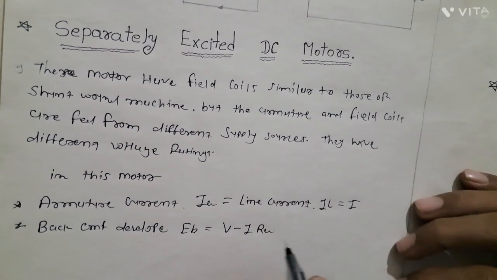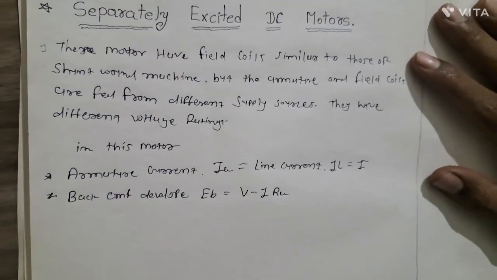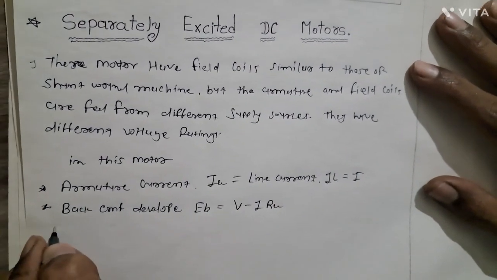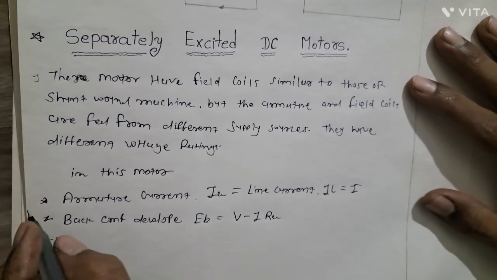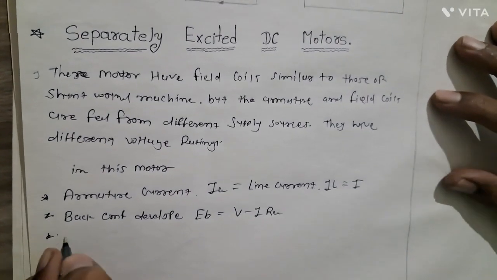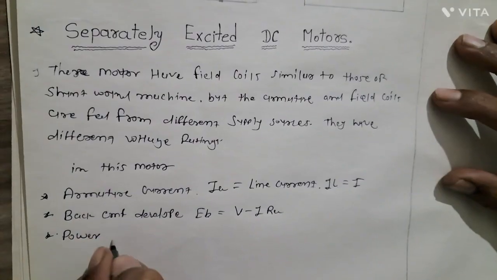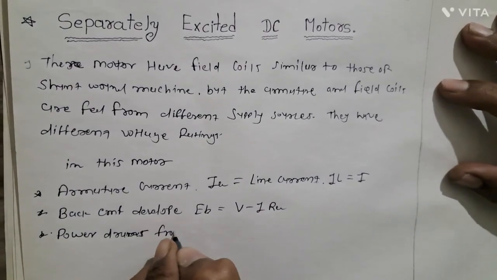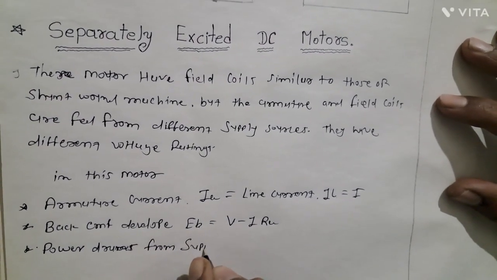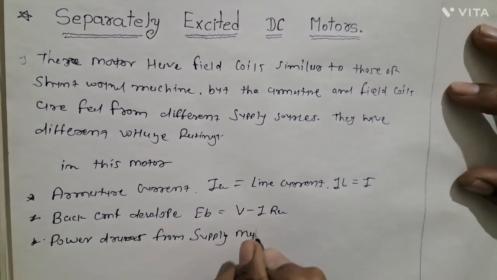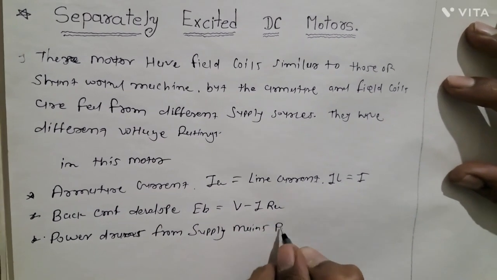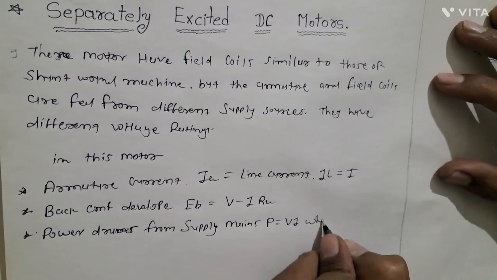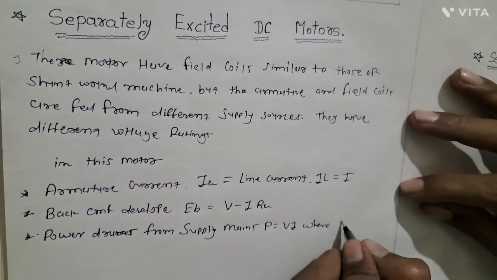Here Ra is the armature resistance. The third is the power drawn from the supply mains, P is equal to VI, where V is the supply voltage.